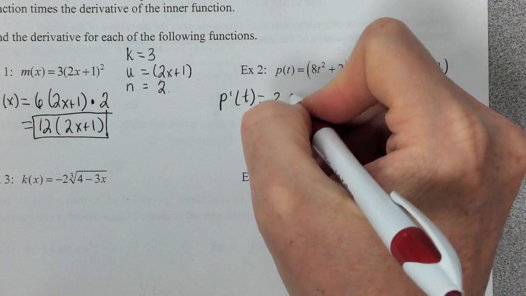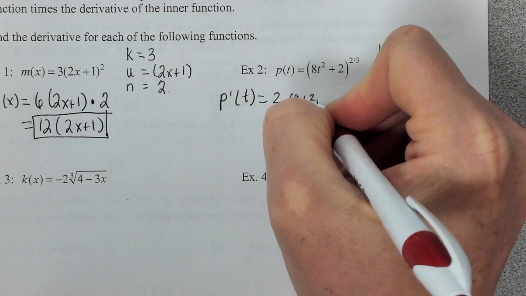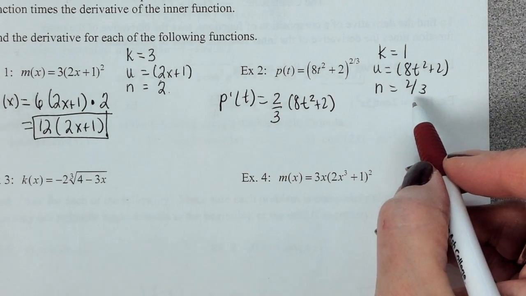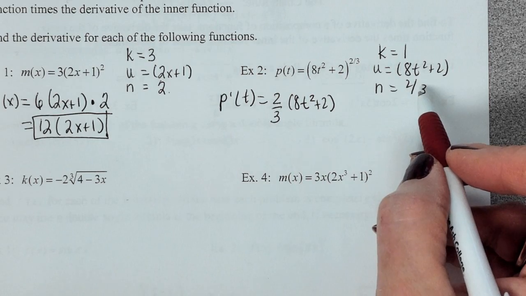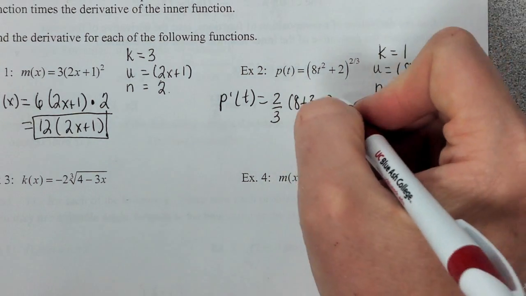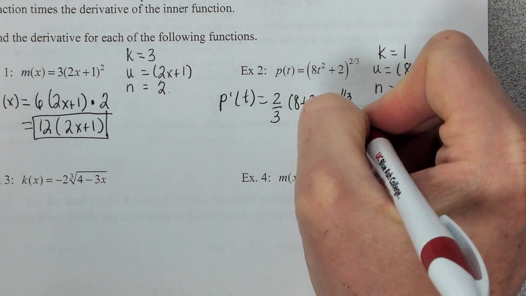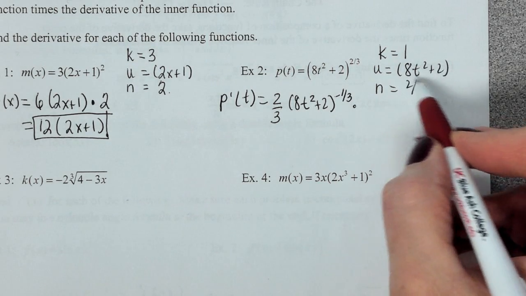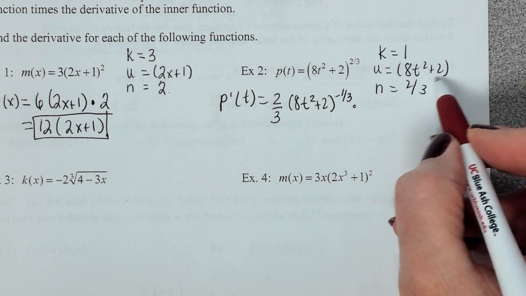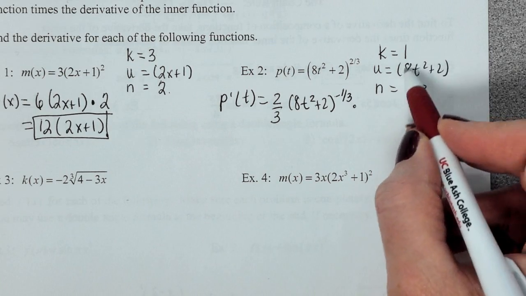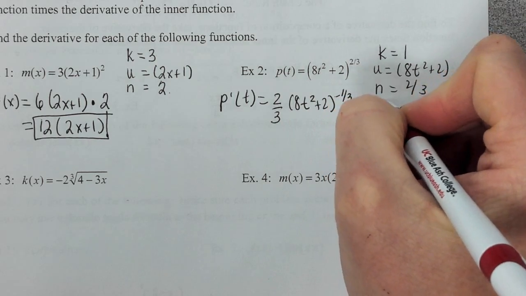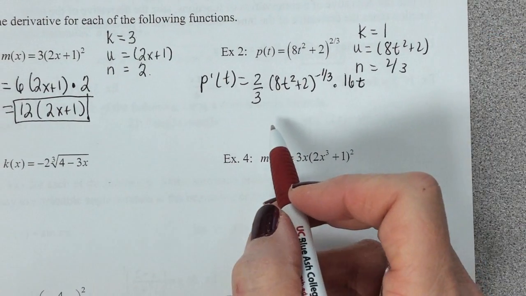Then we put our u, and then we have to do to the n minus 1. What's n minus 1 going to leave us with? Negative 1/3. And then times u prime. So what's u prime going to be? What's the derivative of that, you guys? 16t.